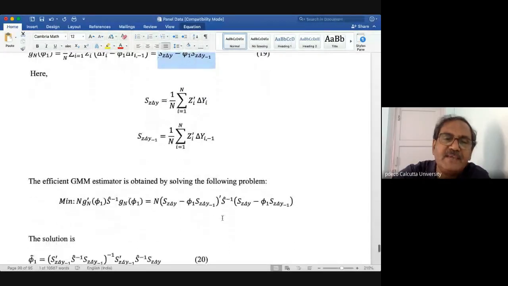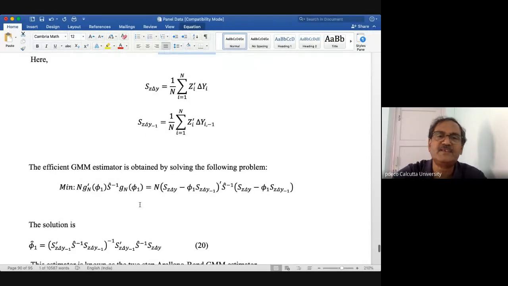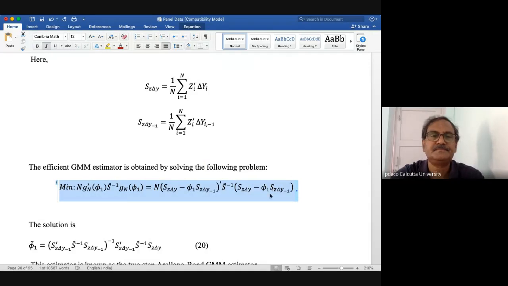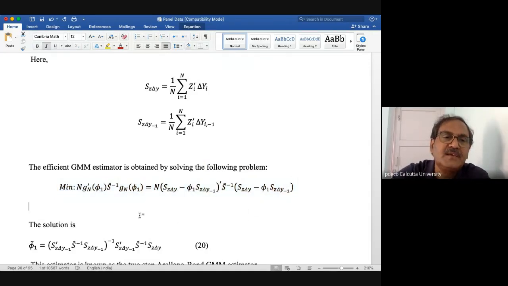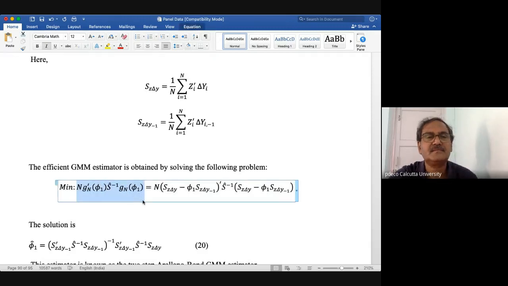Now, how to get GMM? GMM is basically obtained by solving this minimization rule. So you have to minimize N into g prime n.